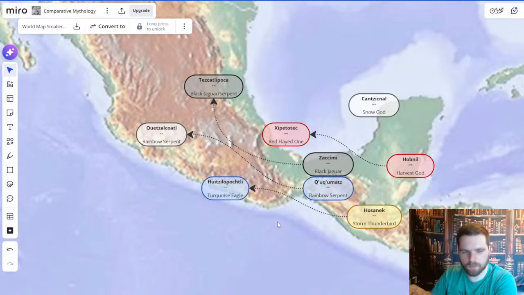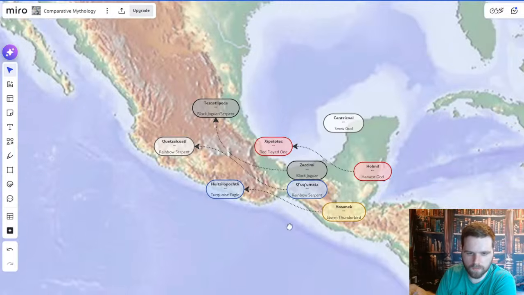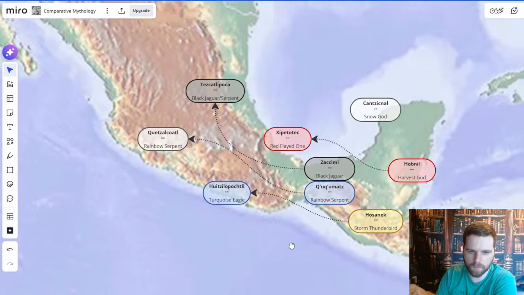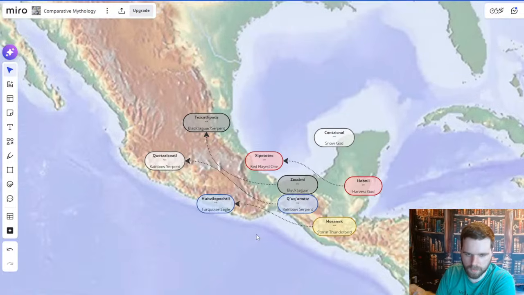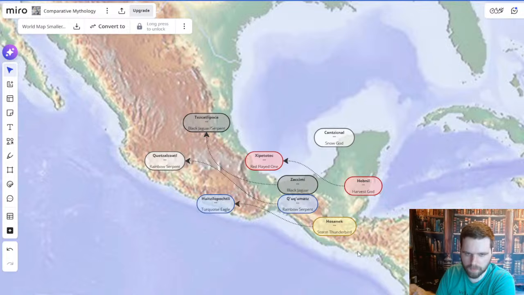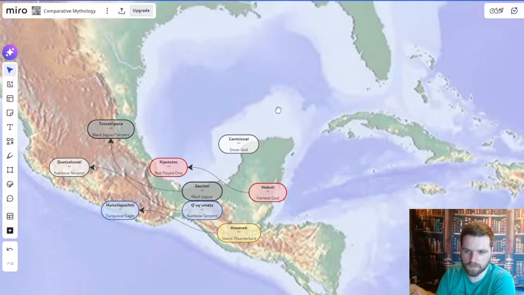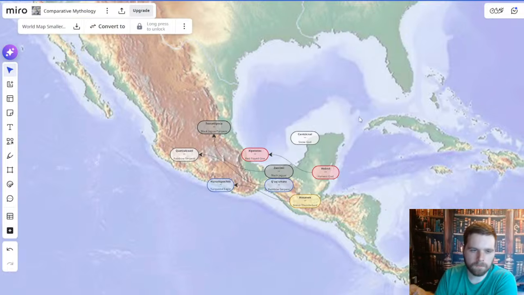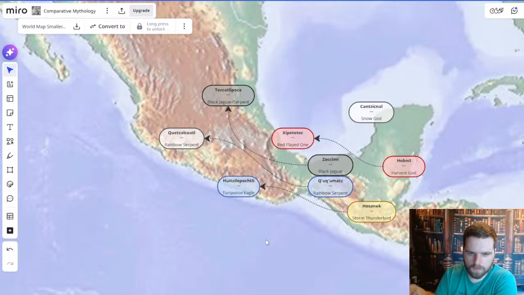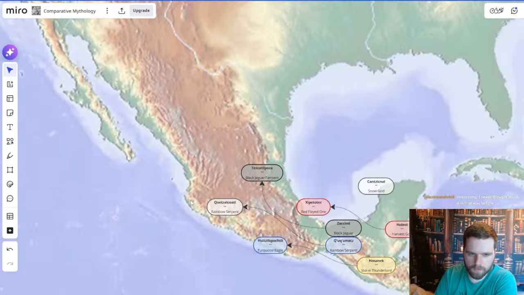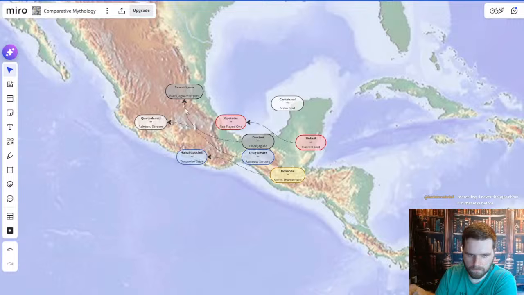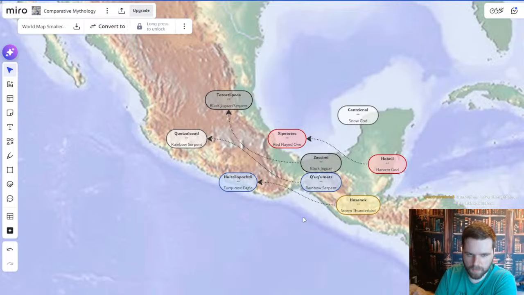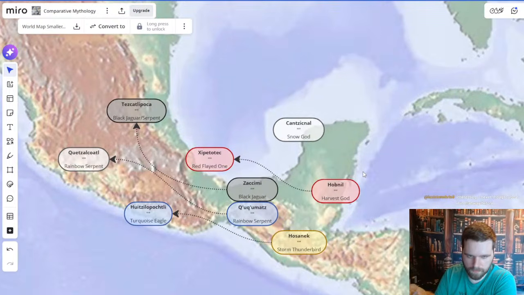The motifs are so similar that there does seem to be some inheritance going on, and probably not directly through Mayan, but probably through some of the intermediary Totozoquian or other Mesoamerican cultures, all stemming ultimately from a Mesoamerican, probably Neolithic, corn, maize, agriculture, and the spread of that. So it would seem that the Aztecs came down here and adopted a lot of these from the Mayans. That would be my suspicion.